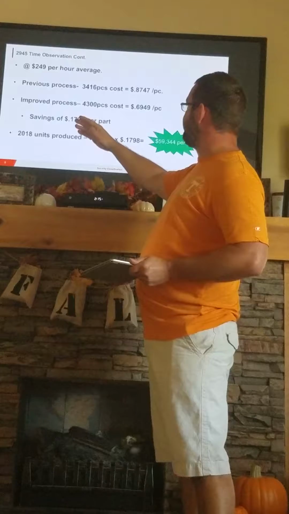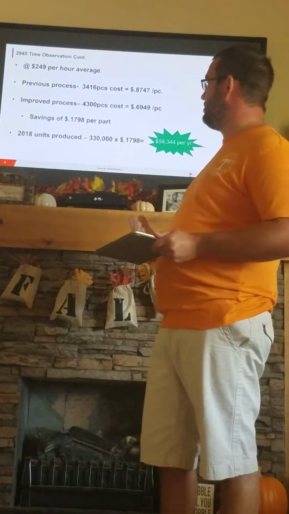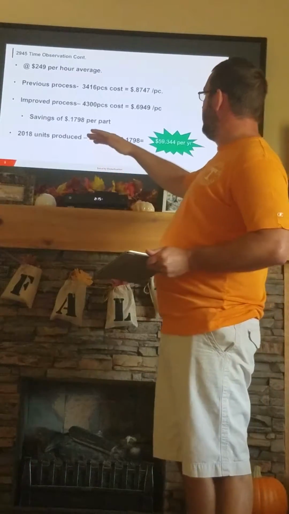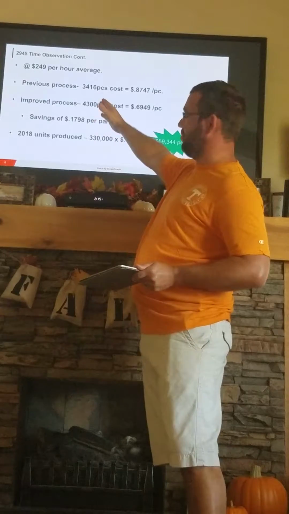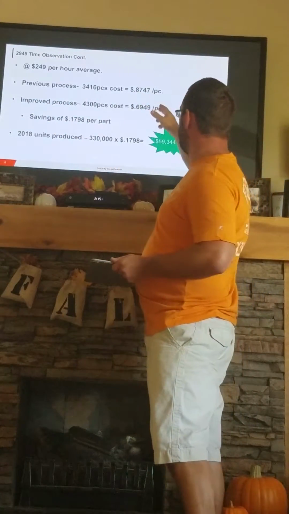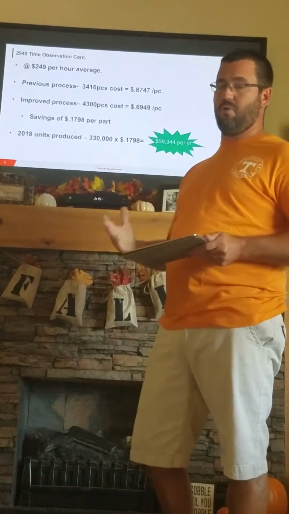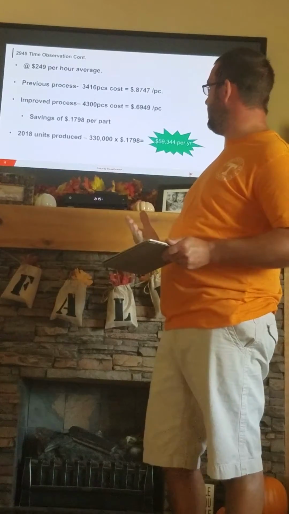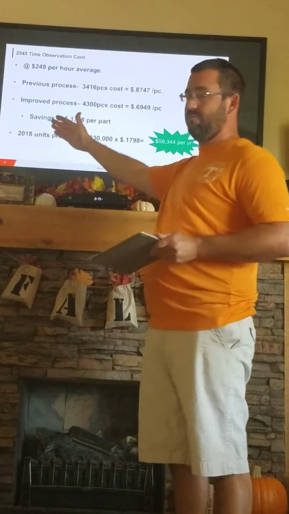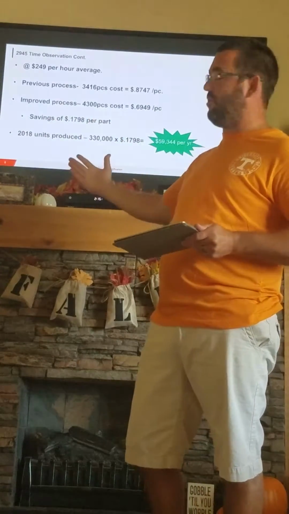at $250 per hour average total overhead that we have on that assembly line. The previous process at 3,416 pieces average in 2018, we were building each part at 87 cents per piece. The improved process at 4,300 pieces, we are down to under 70 cents, 69 cents per part.